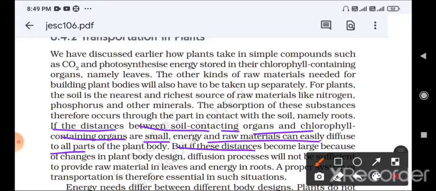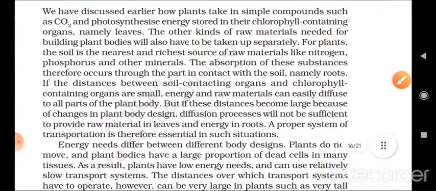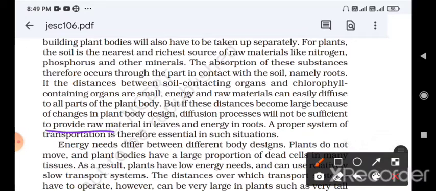But if this distance becomes large because of changes in the plant body design, the diffusion process will not be sufficient to provide raw materials to the leaves and energy to the roots.